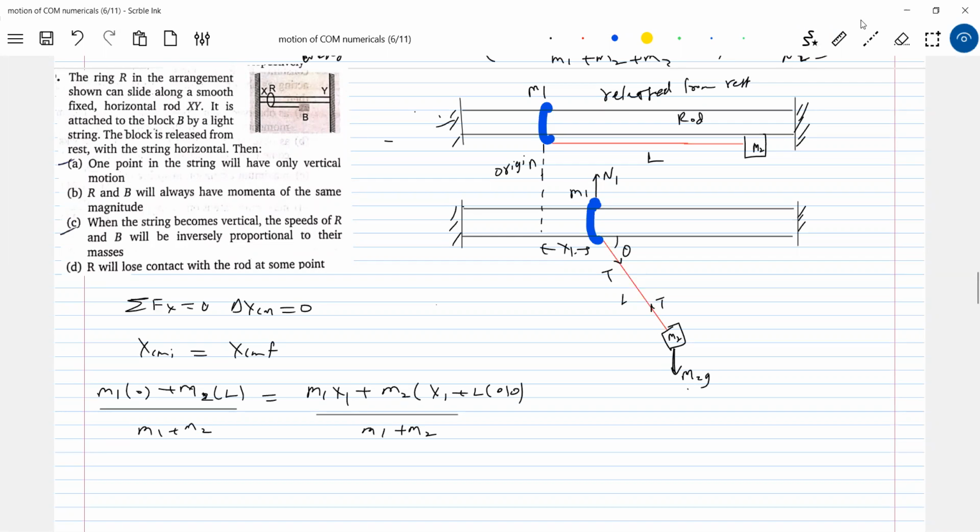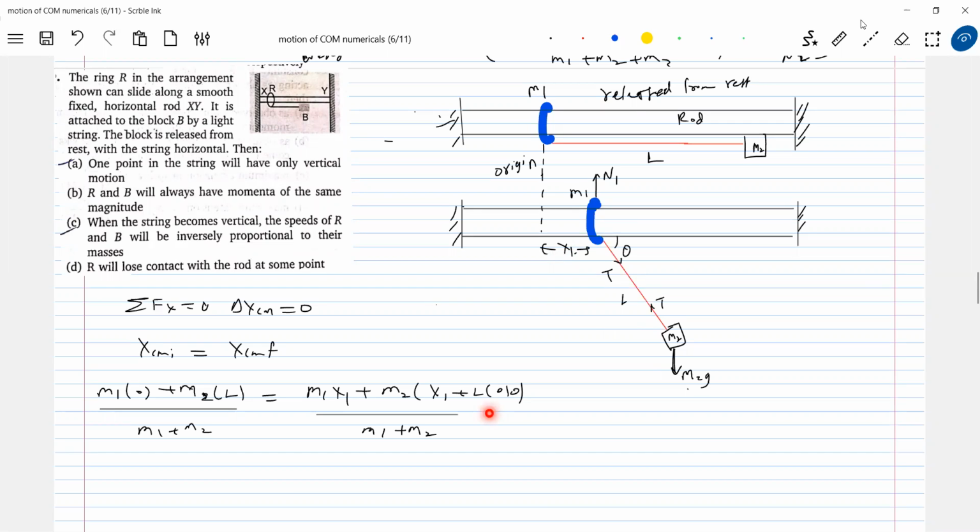Try to see this. At what distance the M2 is from origin? L. Finally, at what distance it will be? x1 plus L, the horizontal distance of the block from the origin. This is x1. So what is this distance? L cos theta.